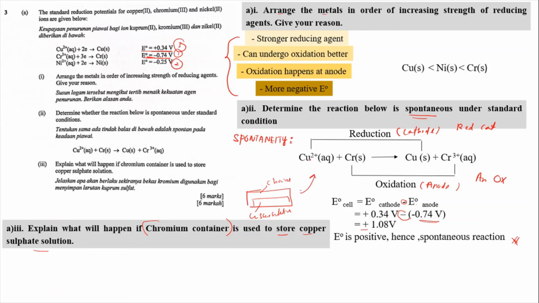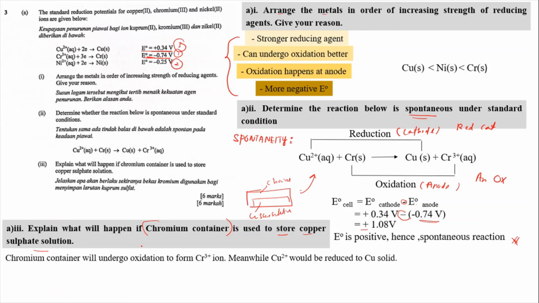The chromium will undergo oxidation to form chromium 3+ because of the different SRP values. So the first explanation is that the chromium container will undergo oxidation to form chromium 3+. Meanwhile, copper 2+ will undergo reduction to form copper solid.